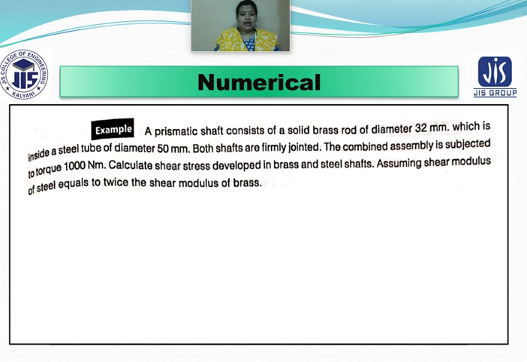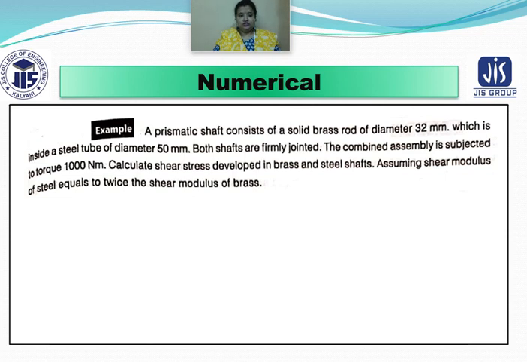So you have a steel tube of diameter 50 millimeter, and inside that steel tube you have inserted a prismatic shaft of solid brass rod material having a diameter of 32 millimeter. Both the shafts are firmly jointed. That means shaft 1 and shaft 2 are joined together, and the combined assembly is subjected to a torque of 1000 Newton meter.